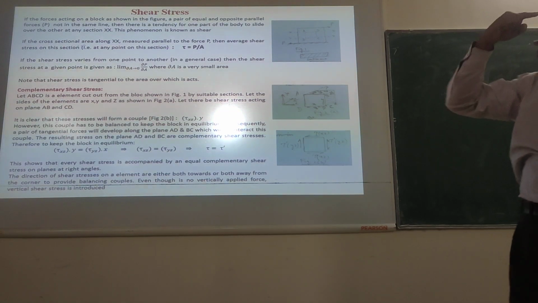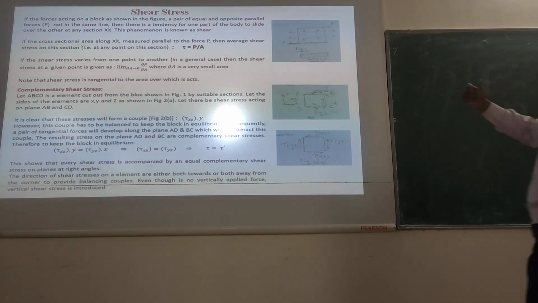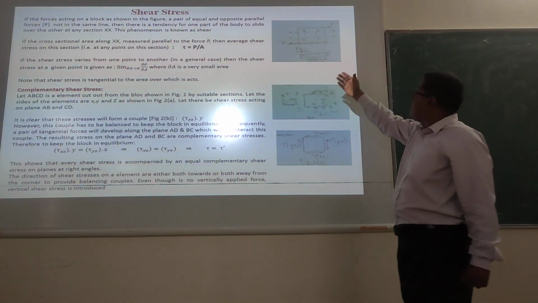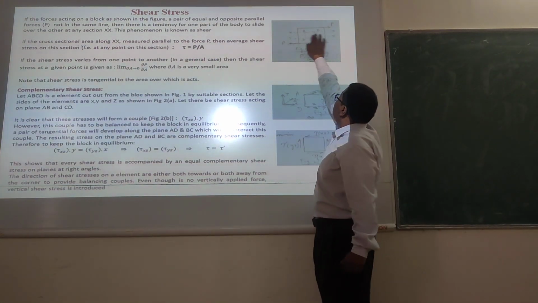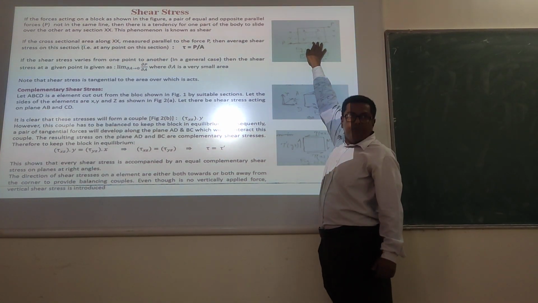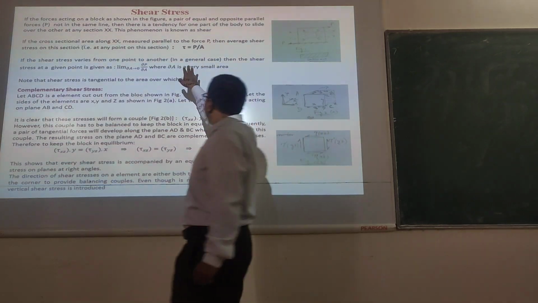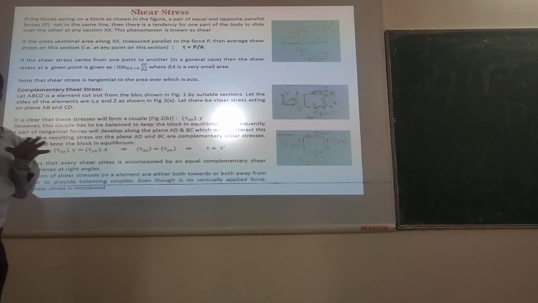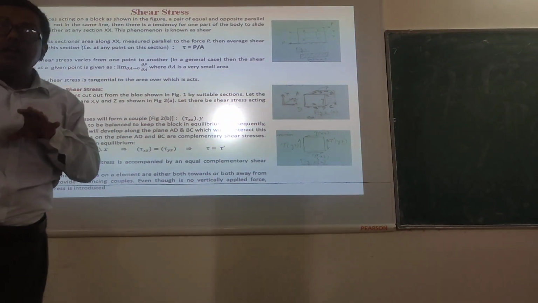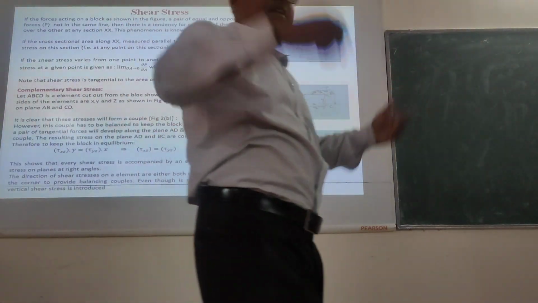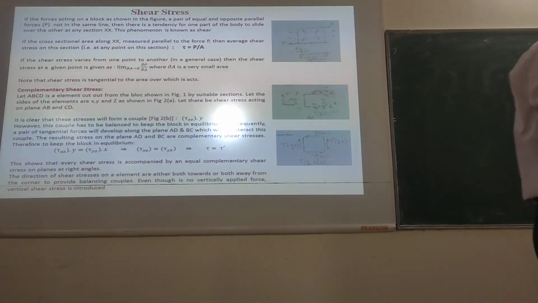Okay? And when this kind of force is acting, there is a resistive force generated at a plane, let's say plane x. We have seen similar to the linear stress concept, if I put a pull P, then a resistive force R is generated.